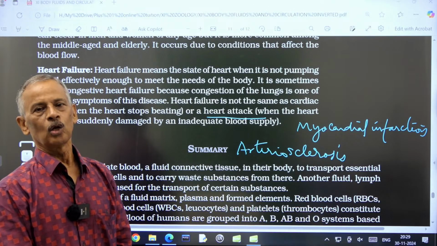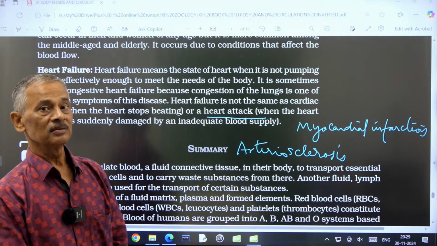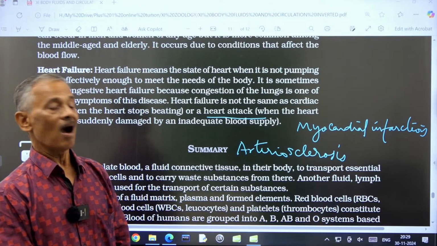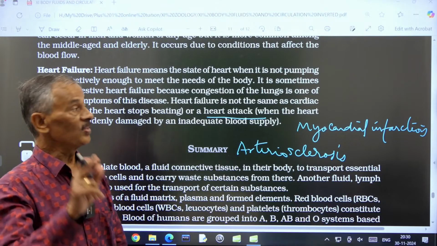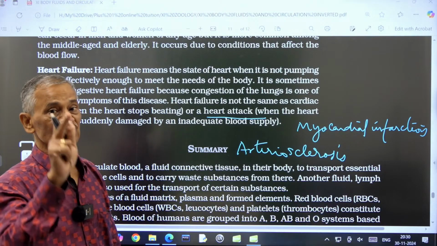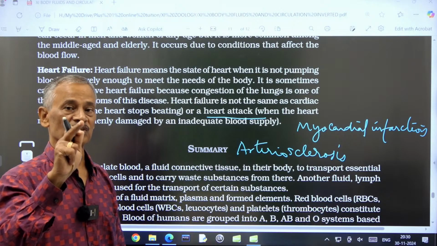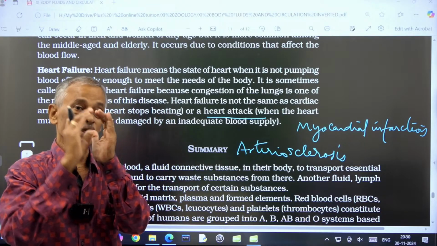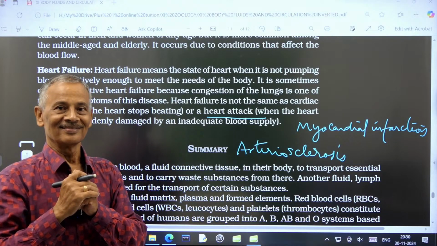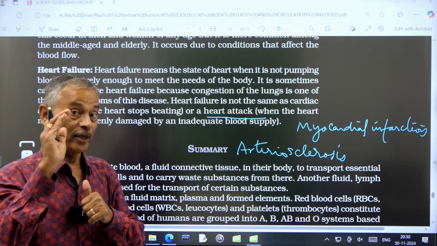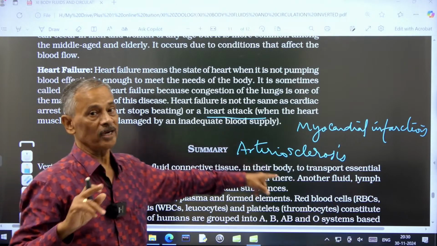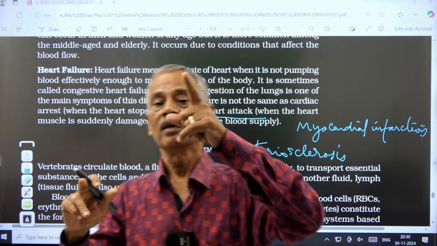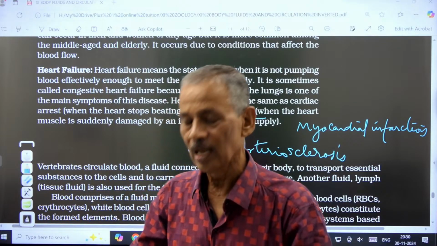Because of that loss in elasticity, they become more hard. That hardening is called arteriosclerosis. This is different from atherosclerosis. Atherosclerosis is the narrowing of the lumen, whereas arteriosclerosis is the hardening of the muscles of the blood vessel, especially arteries.